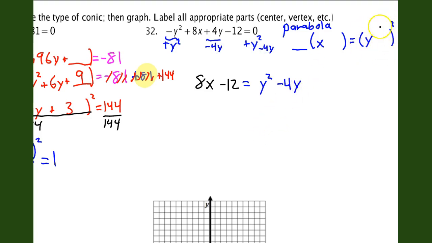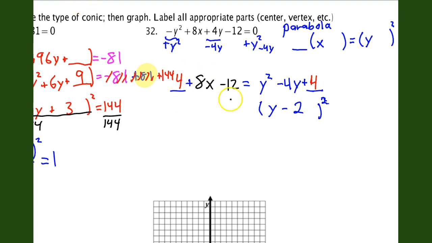Now, like the other conic sections, we need to write this as something squared. So I'm going to complete the square, just like we did before. I have to add the same thing to both sides. So for y, half of negative 4 is negative 2, and then negative 2 squared is 4. So I'm going to add 4 to both sides here.